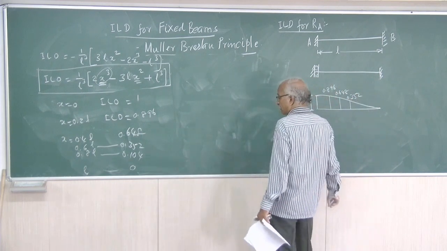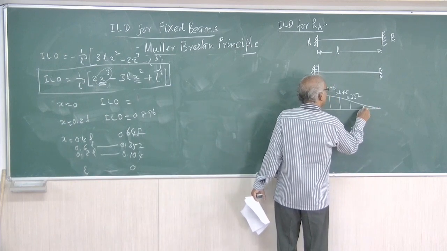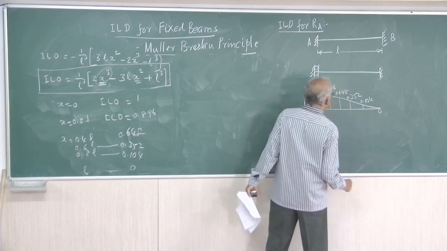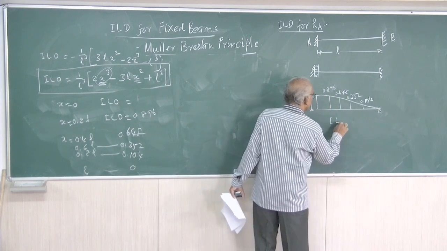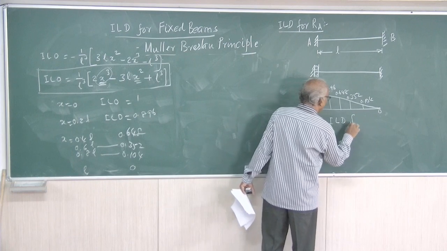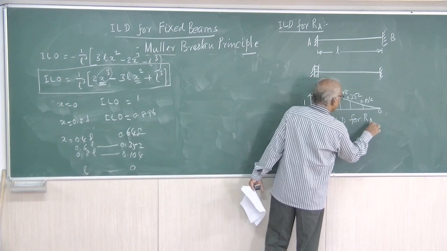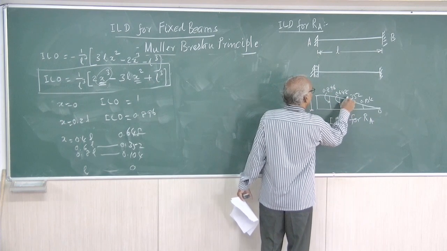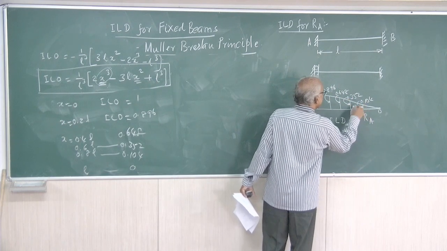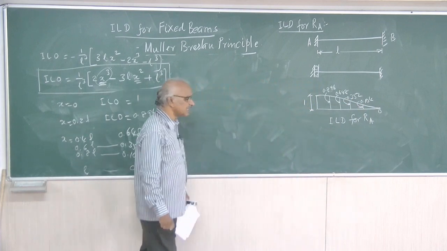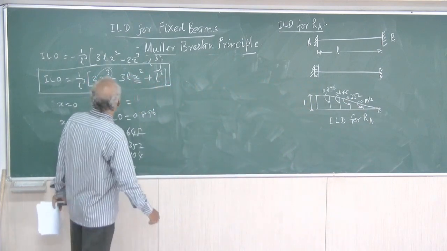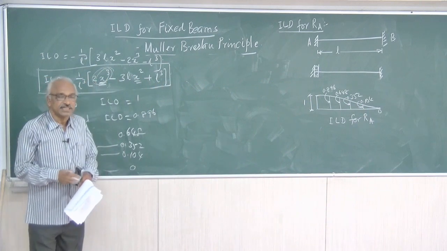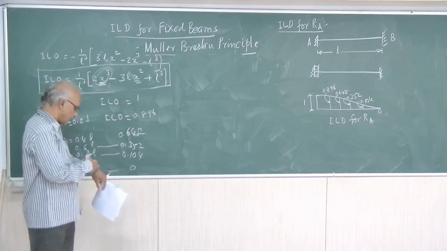For 0.8L it is 0.104, and here it is 0. This is the influence line diagram for RA. So these are the values. This is the influence line. Now it will be a cubic curve because the variable is x, power of x is 3. That's all. So that is about the influence line diagram for RA.